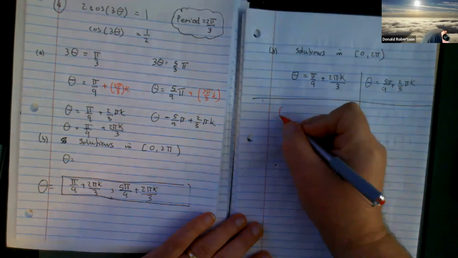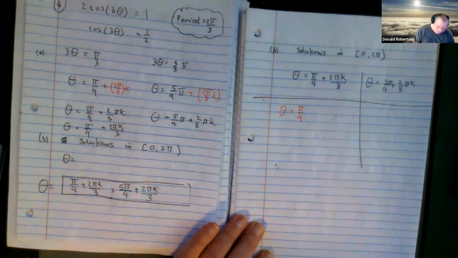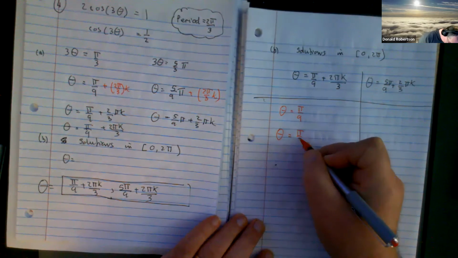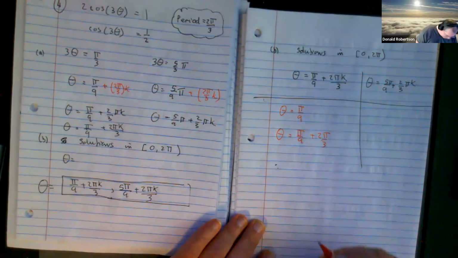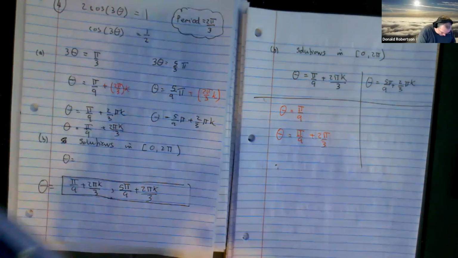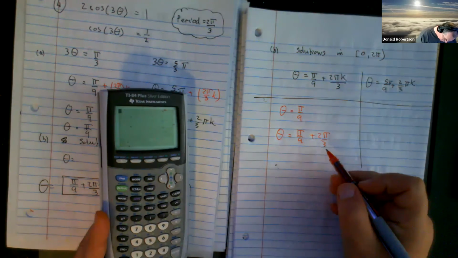Your first solution is that one. Your next solution is what you get if you add on 2/3, just to essentially add on a period. That's really messy to do. Well, I should be able to do it actually.